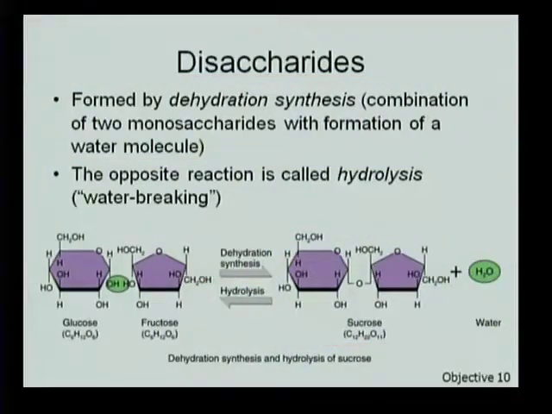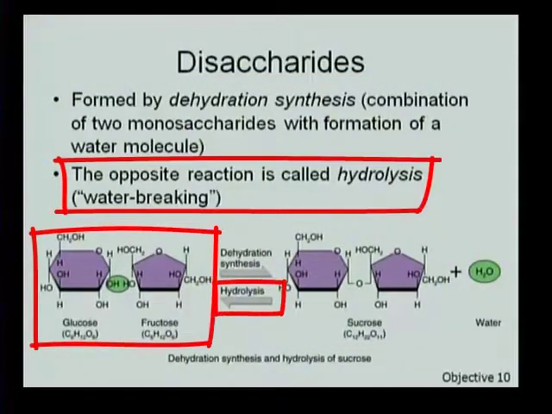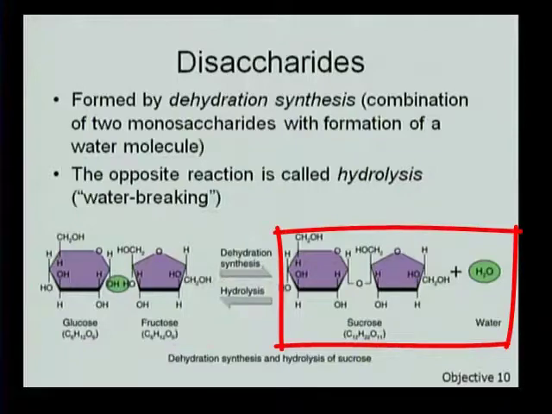The only other reaction that we're going to need to worry about is the hydrolysis reaction, which consists of breaking these things apart. If we put them together, we expel a water molecule as a result of putting together glucose and fructose. That's shown in the green oval here. When we expel the water molecule, then we form an oxygen link between these two monosaccharides, and now we have the disaccharide sucrose.